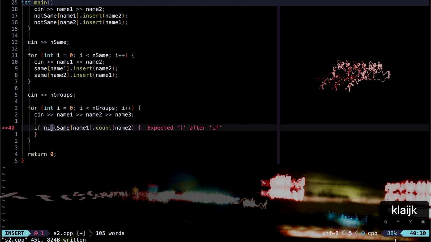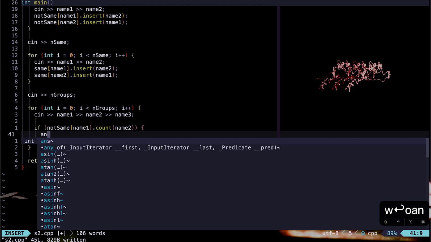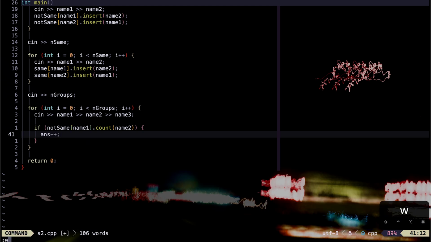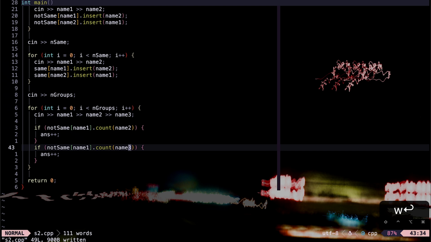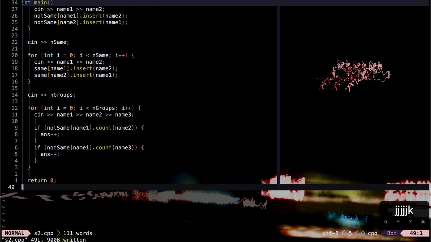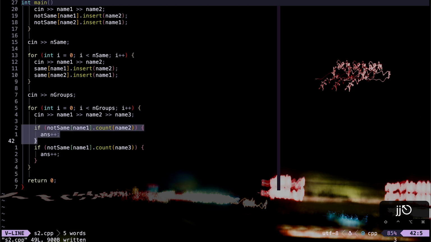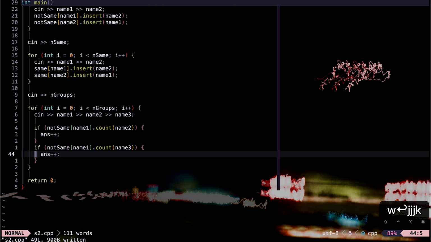Used to Rust, not needing these parentheses on this statement. Okay. So if we count this, let's say answer increases. Same thing with name 3. So it increases.